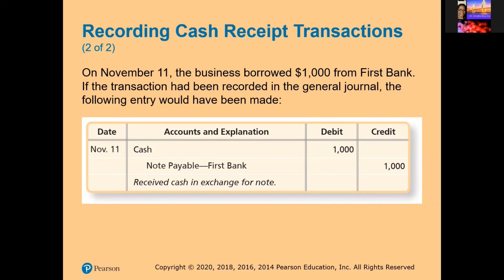So for this transaction, the account title, Notes Payable, First Bank, is entered in the account credited column. The other accounts credit column is used when a transaction involves a credit entry that is not listed in the headings or the columns of the cash receipts journal.